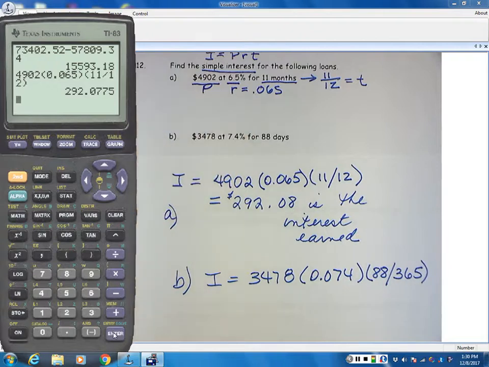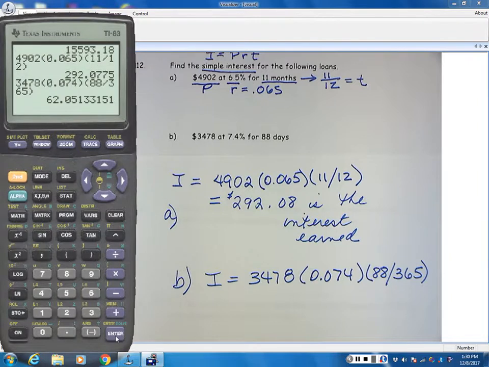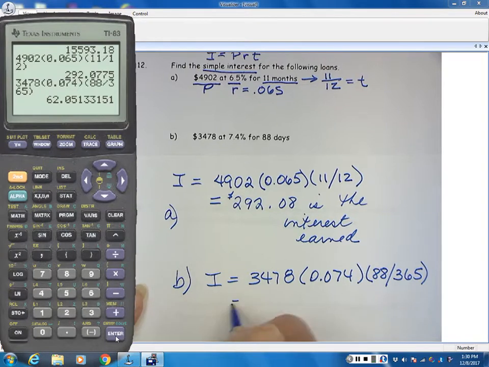So that's 88 days out of 365 days in a year. So the amount of interest is going to be $62.05.